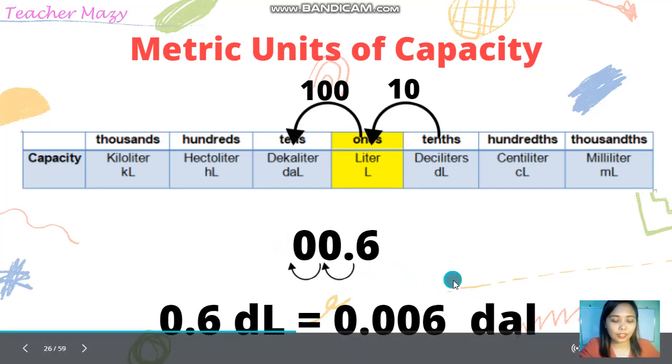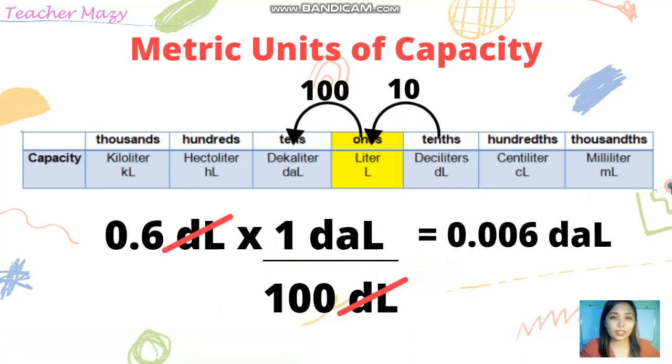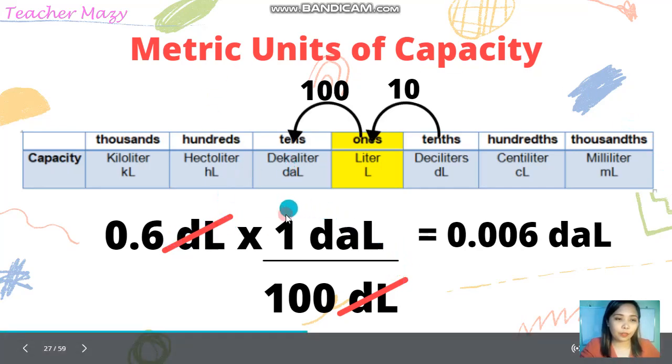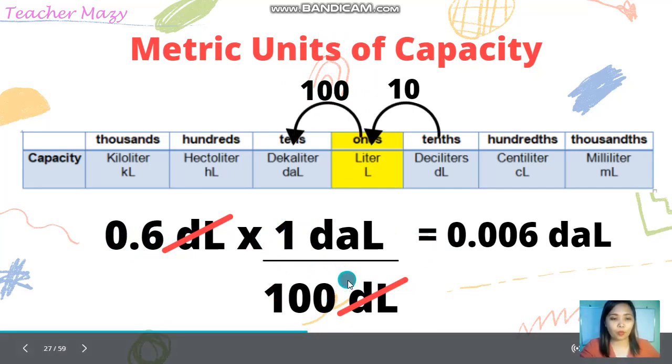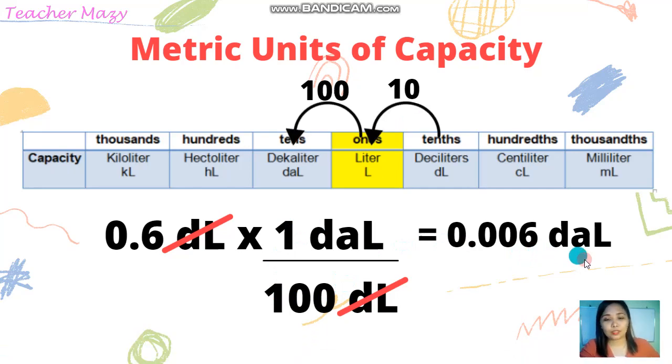Kaya ang answer natin is 0.006. And of course, the cancellation method, same, where we cancel the unit. So, for every 1 decaliter, we have 100 deciliter. Okay, so 0.6 times 1, that is 0.6, and divided by 100, that is 6 thousandths decaliter.